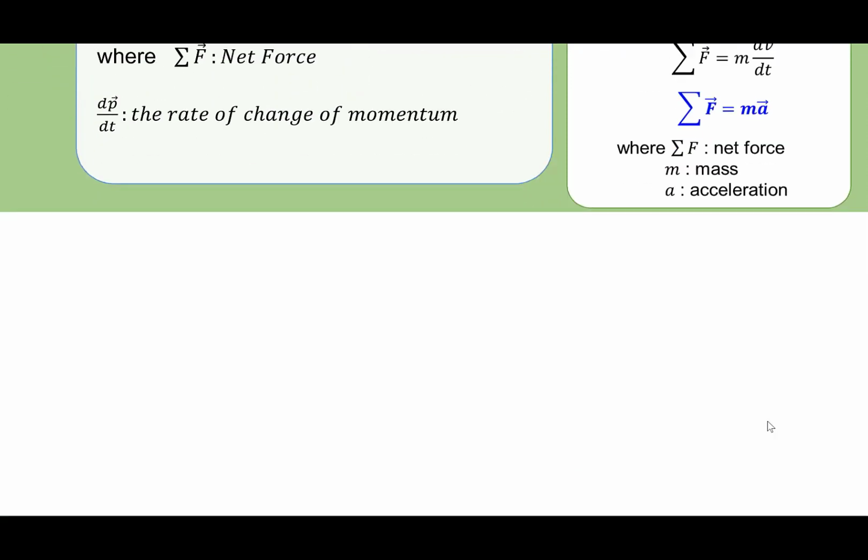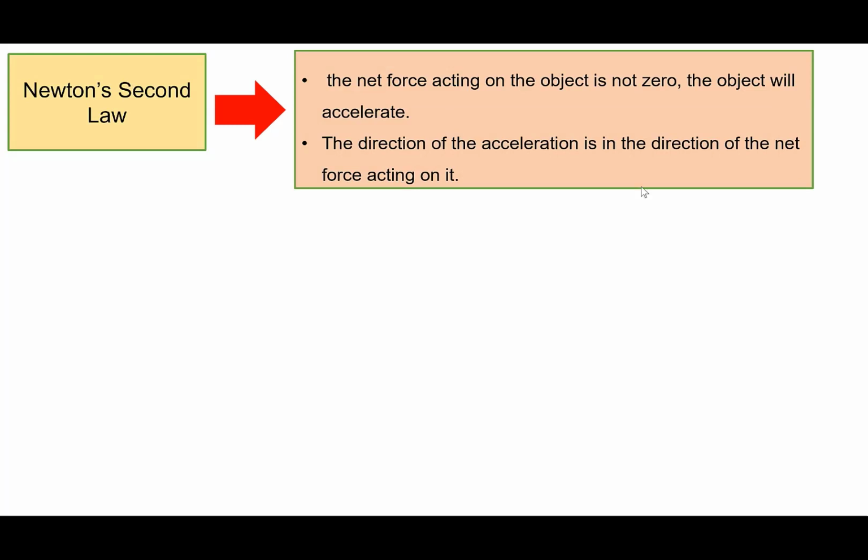Actually, Newton's second law tells us that when the net force acting on the object is not zero, the object will accelerate. And the direction of the acceleration is in the direction of the net force acting on it.